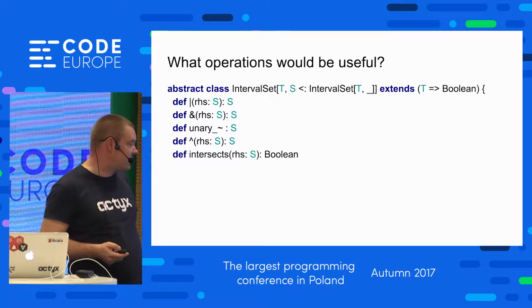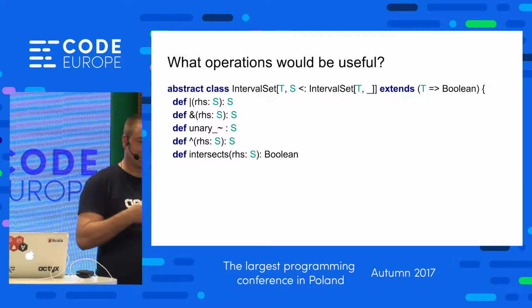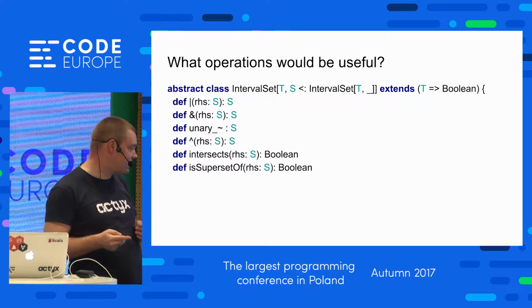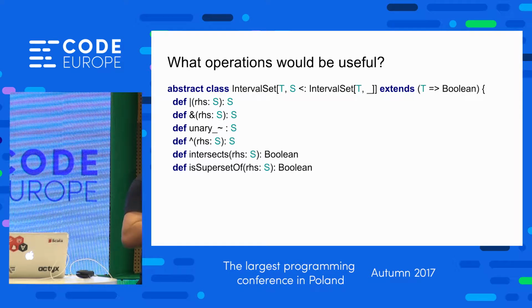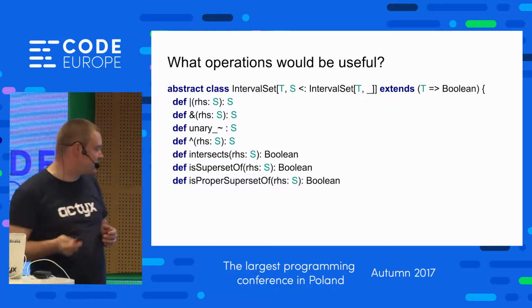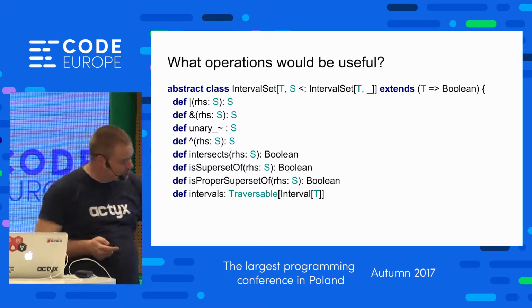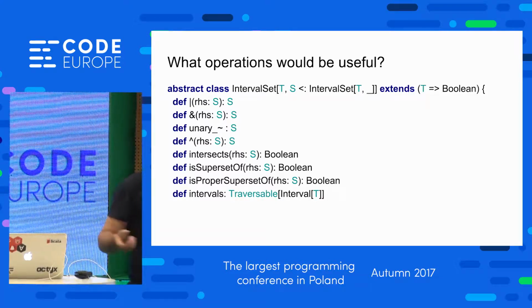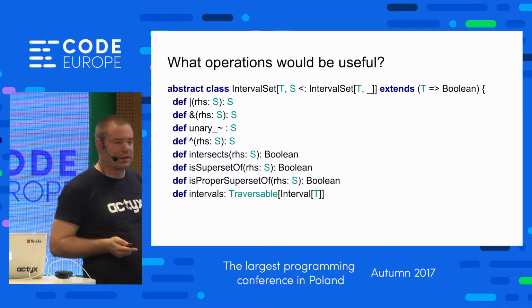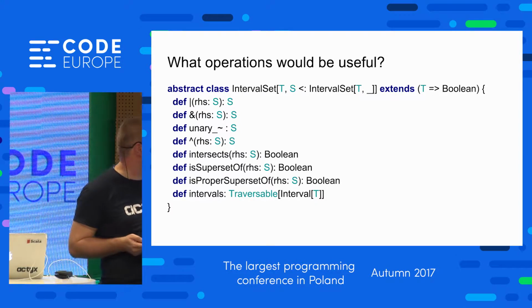And then it would be nice to figure out if two interval sets intersect at all, if there's a single point which is true in both, or if they are subsets, so if one is true at all points of another one. So those are the operations that we're going to need. And we might also need the ability to traverse over every single interval. I mean, just to print it, you need it, right? And that's basically what we would want to do regarding operations.